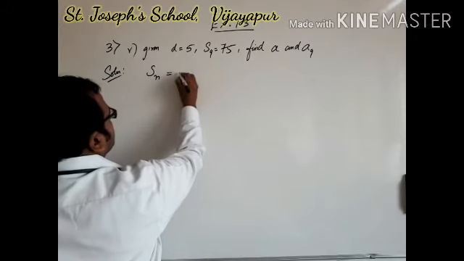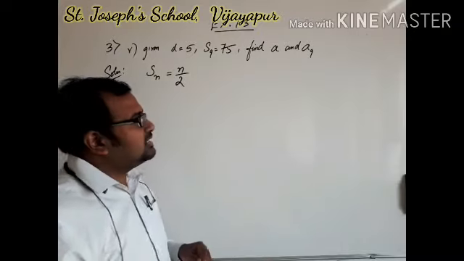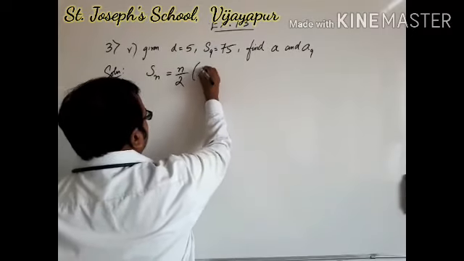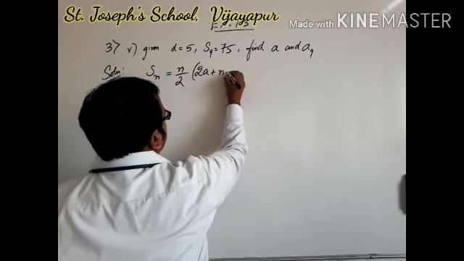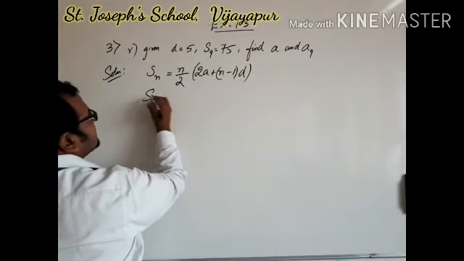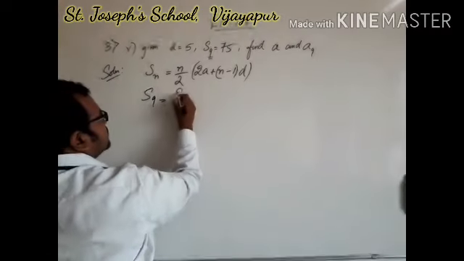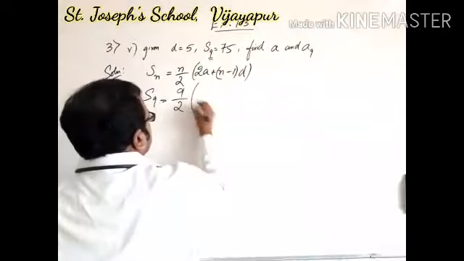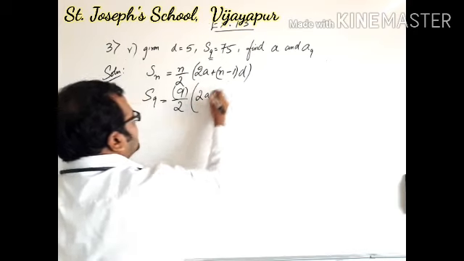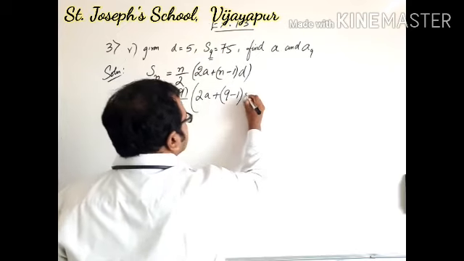Sn is equal to n upon 2. This time I am not using the shorter version because both of them are unknown. So 2a plus n minus 1 into d. What is the formula? Sn. N is replaced with 9, which is equal to 9 upon 2 into 2a, a unknown, plus 9 minus 1 into d, given as 5.